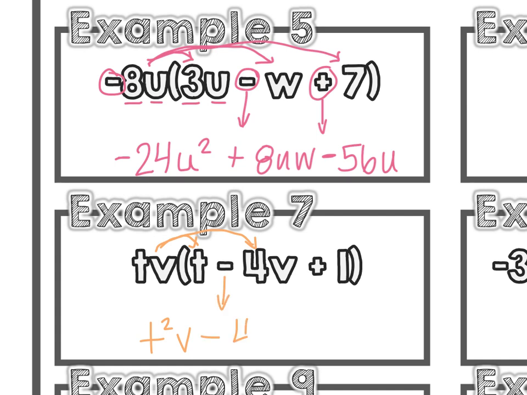We're going to keep the 4 because there's no number in front of TV. And then we only have one t that's being multiplied. And v times v is going to give us v squared. Then for the very last term, we are going to keep our addition sign because there's no negative in front. And we're just multiplying it by 1, so it stays TV.